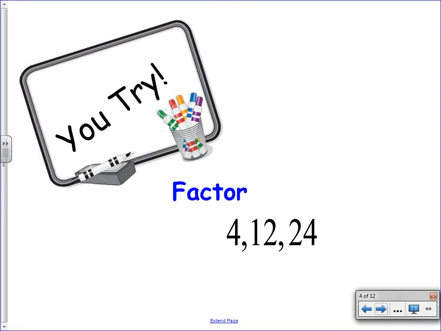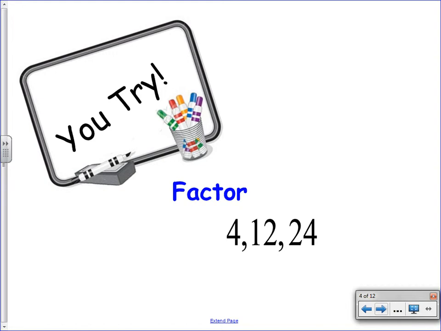If you had to come up with a strategy how to determine what the greatest common factor is, what would your process be? Do you know? Nathan? Yeah, if any of those numbers go into each other, what's the maximum greatest common factor?